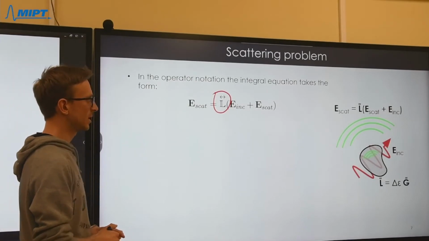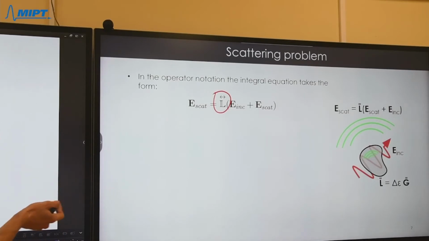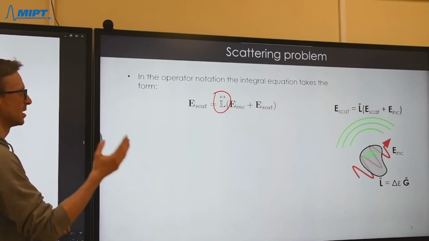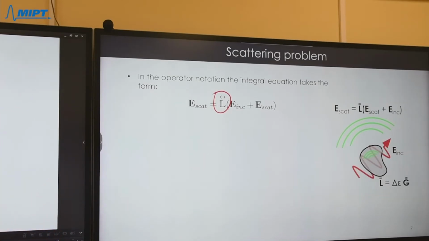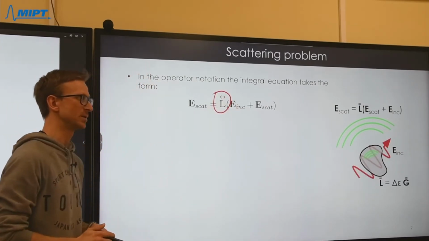So formally, what we can now do is try to resolve this equation, just formally. Let's suppose we know this operator, what it does, how it acts on different vectors. And by the way, we haven't talked about the linear space on which this operator acts, but we'll talk about that later.